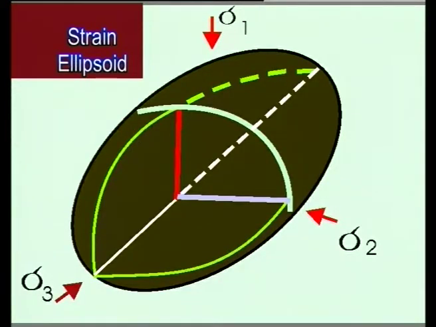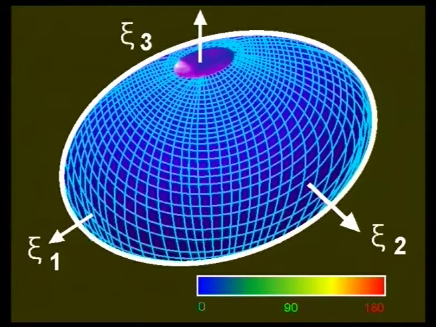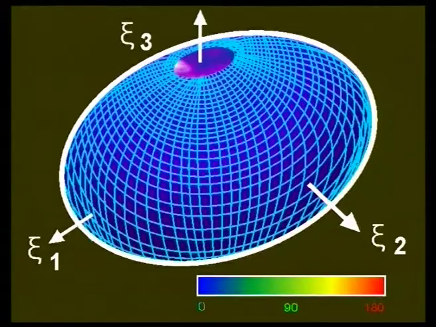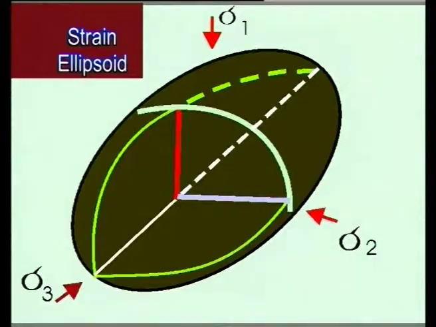Though this type of comparison is not mathematically or scientifically correct, because one is an imaginary figure and the other is a physically existing figure, an idea about the stress ellipsoid and the strain ellipsoid can be had from this comparison.